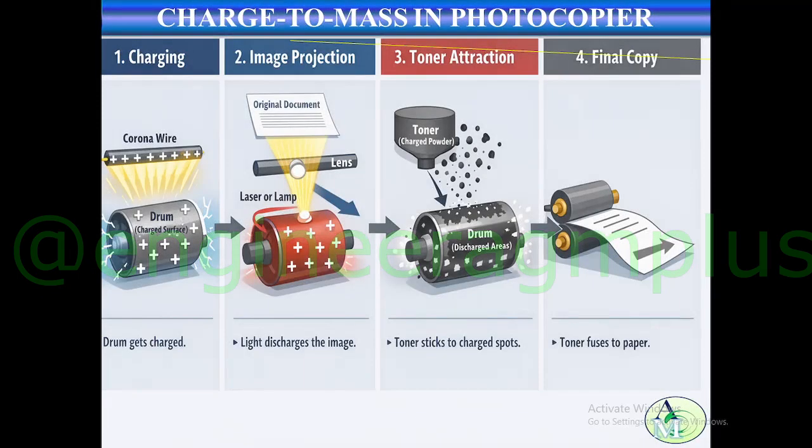To make it clearer, this is the process involved in a photocopier. The drum gets charged. You can see the drum on the screen.